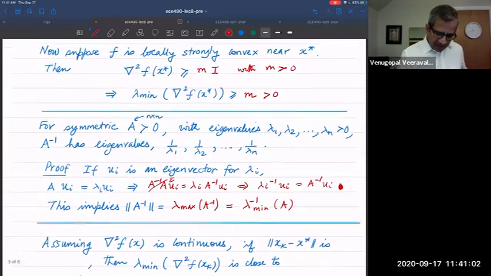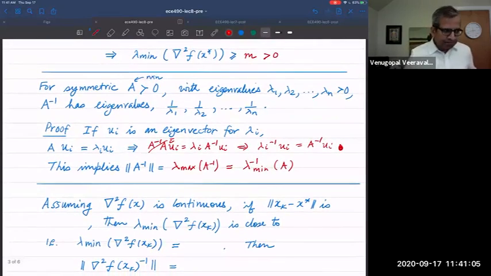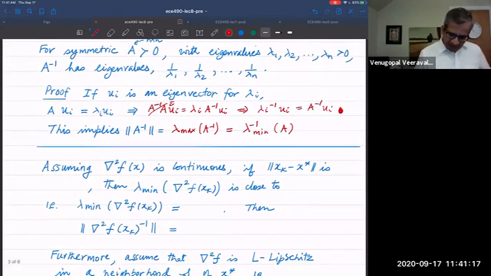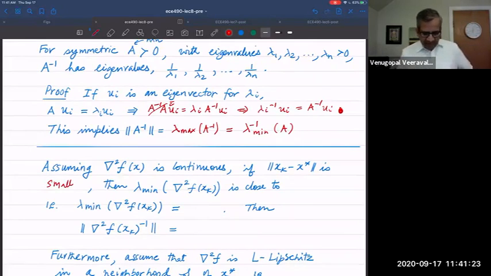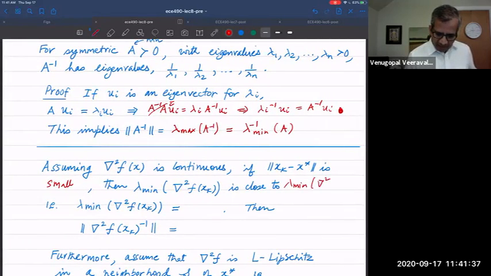Now, assuming that f is twice continuously differentiable, the Hessian is going to be continuous. If the Hessian is continuous, then if I'm close to x star, so xk minus x star is small, in a ball around x star, say, then by continuity the minimum eigenvalue of the Hessian at xk is close to the minimum eigenvalue of the Hessian at x star, which we know is bigger than m, which is positive.